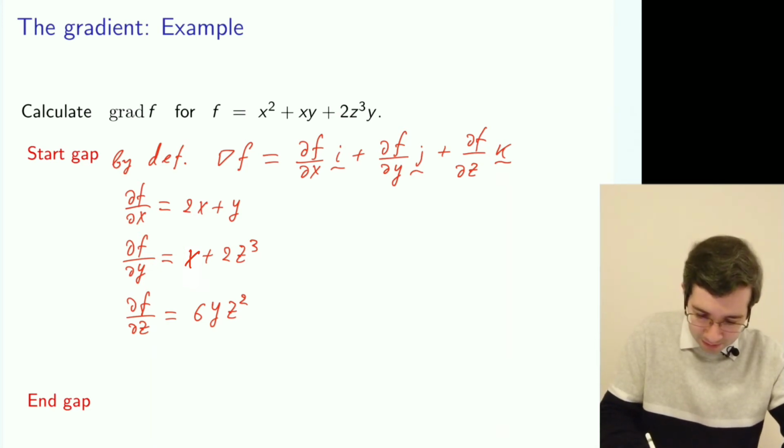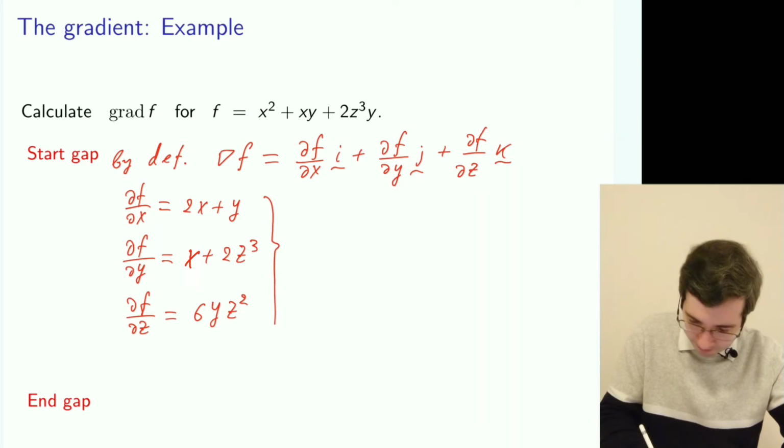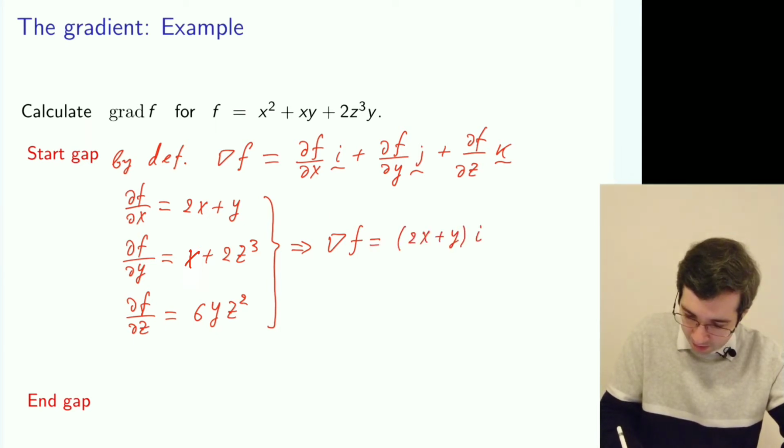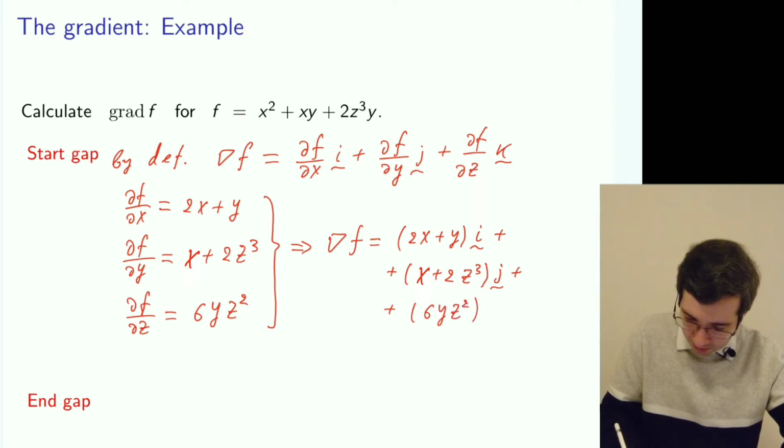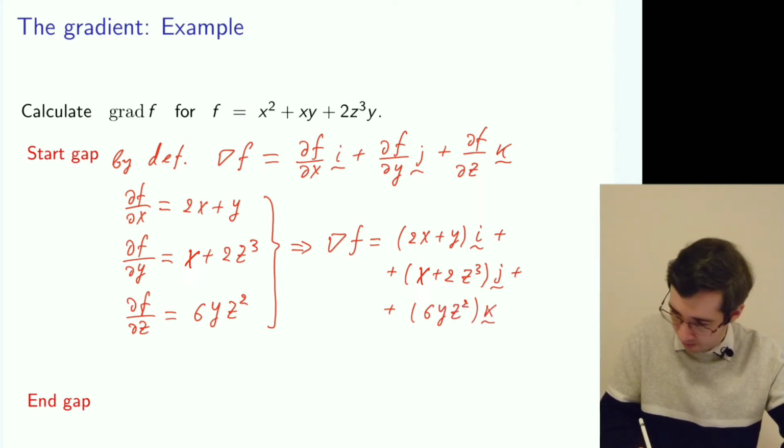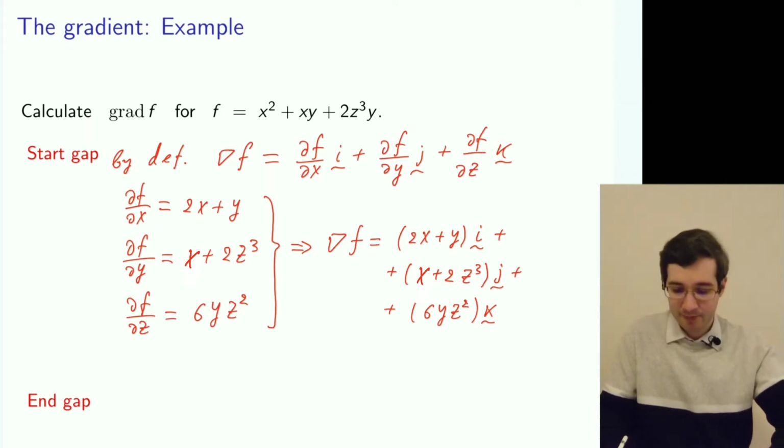And then we will combine these to give us the gradient as 2x plus y times the first unit vector, x plus 2z cubed times the second, and then the third component will be 6y z squared times the last unit vector.